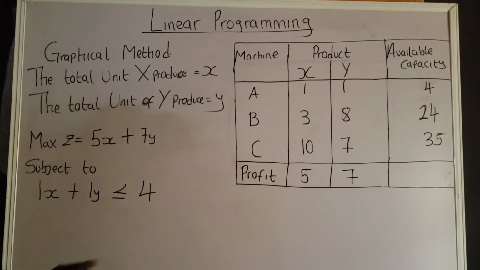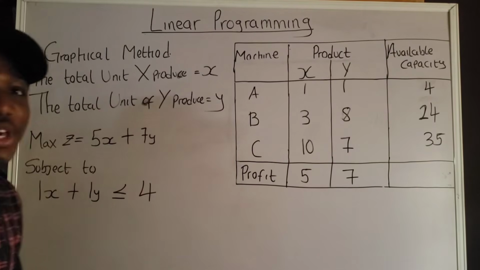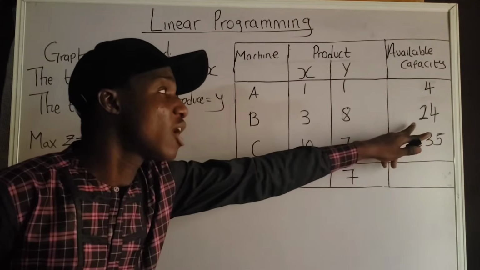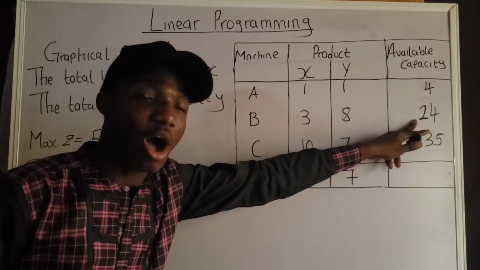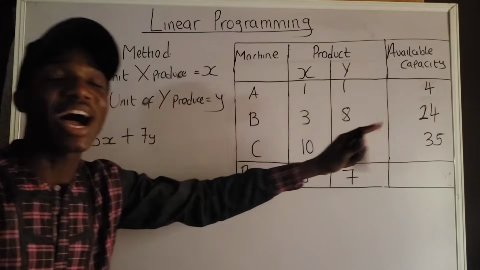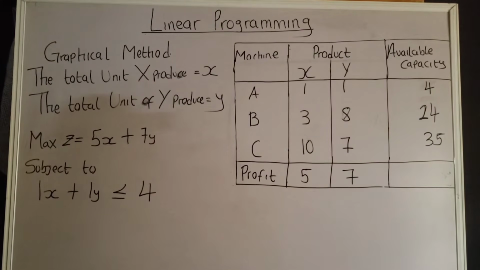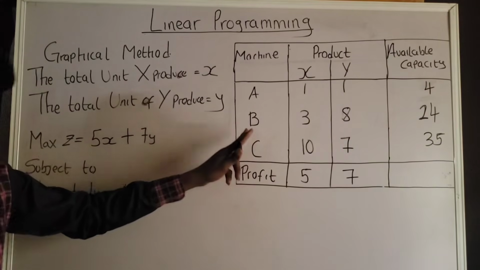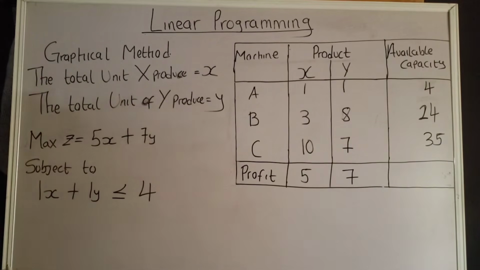Okay, the next constraint is machine B. Machine B cannot be used beyond 24 hours. You understand what I'm saying? So the machine has a constraint. It limits the amount of products X and Y that we can produce. So the second constraint is also what? Machine B. Now let us form the inequality equation.